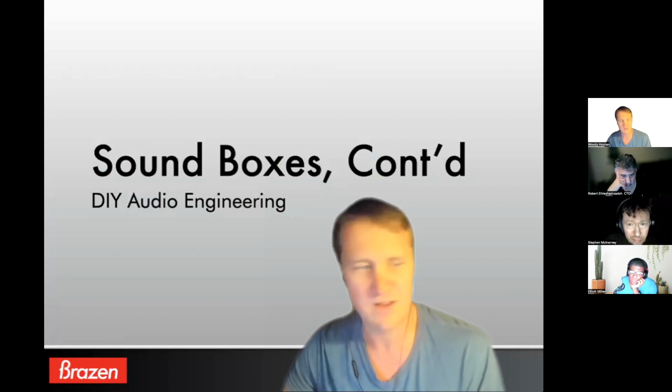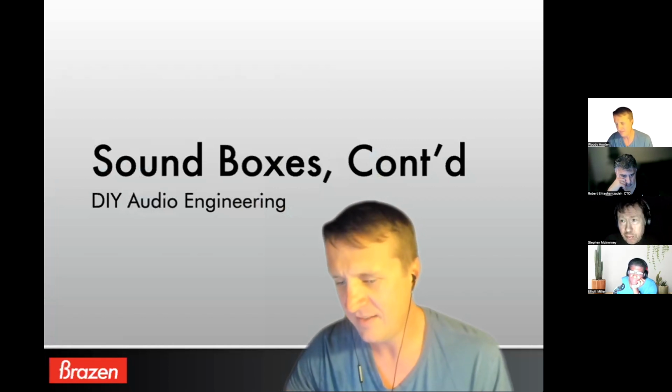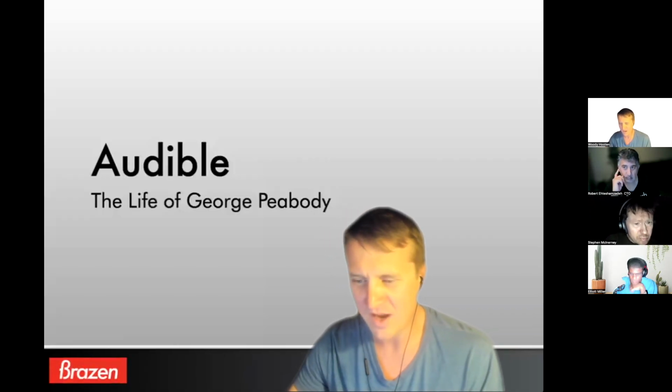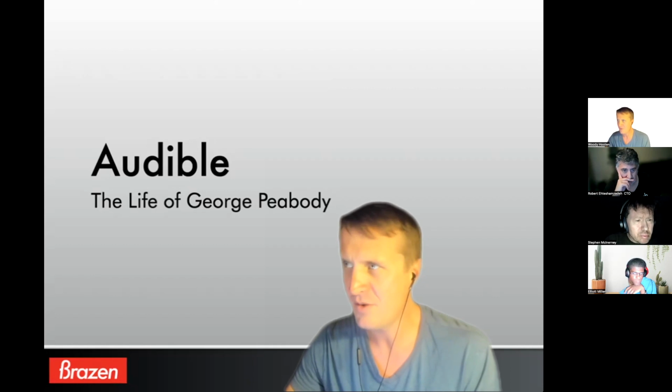One of the things I did while I was out there was continue my stream of DIY sound boxes. This one I made out of the packaging of a simple Walmart condenser mic and some toilet paper and paper towels. And I used it to record my first narration of a book on Audible.